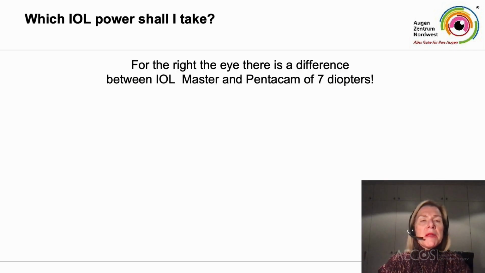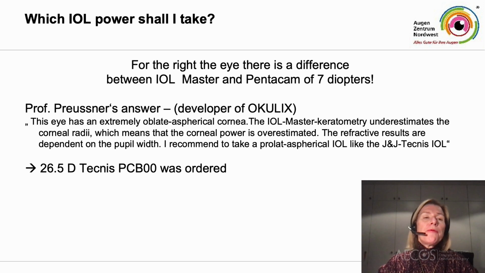This meant there is a difference in the right eye between the IOLMaster and Pentacam of 7 diopters, and I asked myself, this cannot be true. And therefore I contacted Professor Preussner, who invented the Oculix ray tracing software. And he wrote me that the eye has an extremely oblate spherical cornea. You saw it in the Pentacam.